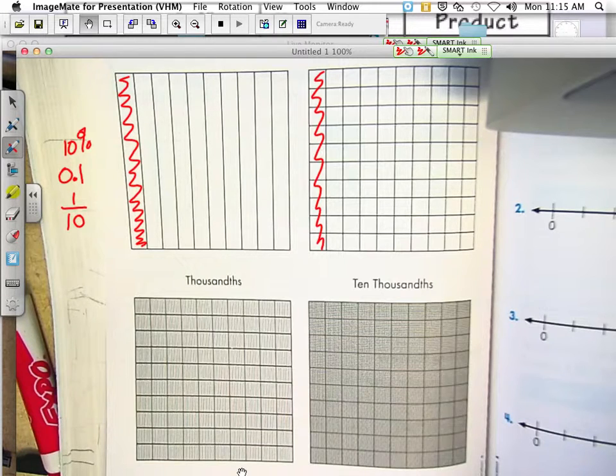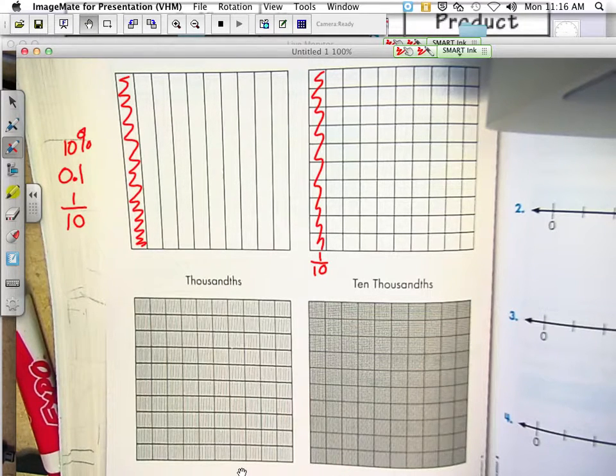Who can give me some decimals, fractions, or percents for this one that represents the amount that's shaded? Spencer? So you shaded one row out of how many rows? 10. So you shaded 1/10 of the garden.